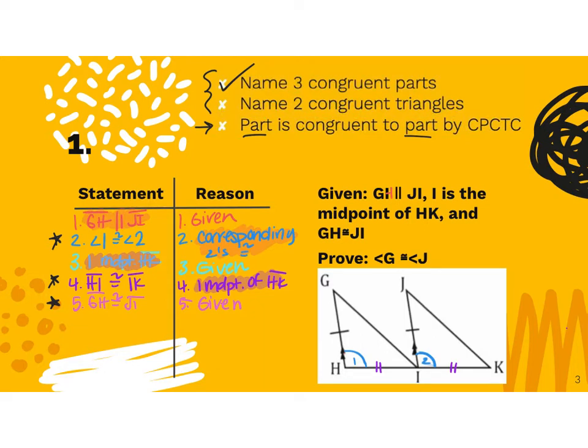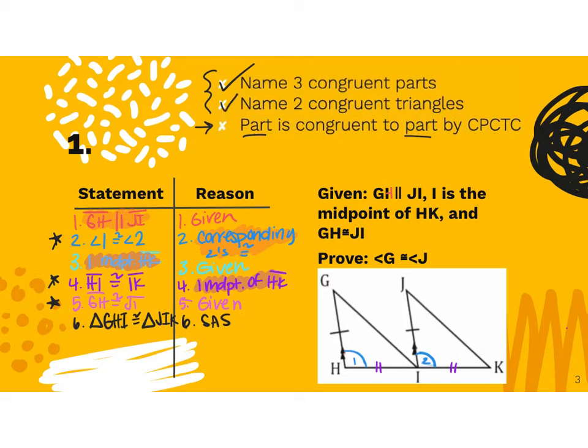We now need to name our congruent triangles. So I have triangle GHI is congruent. When I name the second one, I have to be very careful. G matches up with J, H matches up with K, I matches up with K. Our reasoning here is I have two sides, and I have the included angle. So it is side, angle, side.